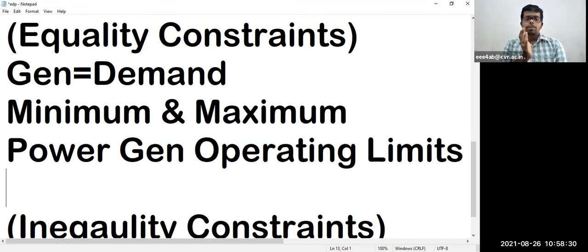In the catalog, if you read, you should not cross the speed limits. Say 200 RPM is the minimum RPM, you should not go below it, and the maximum RPM is, say for example, 500 RPM. You should not go beyond, say, 520 RPM or 530 RPM.